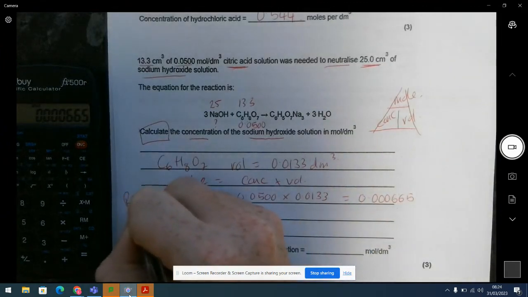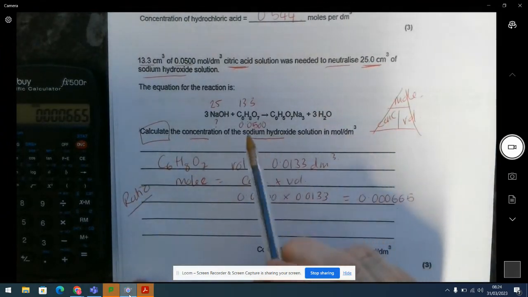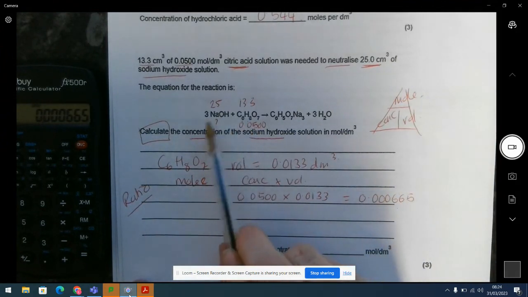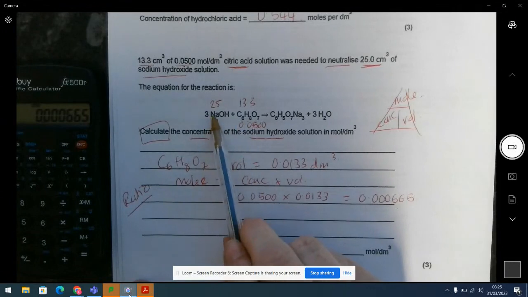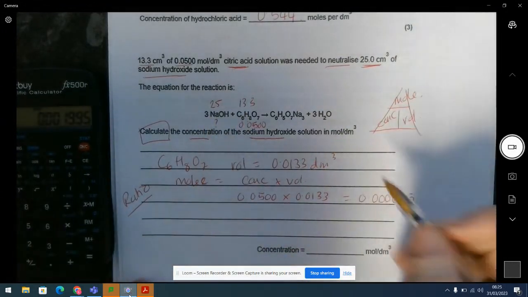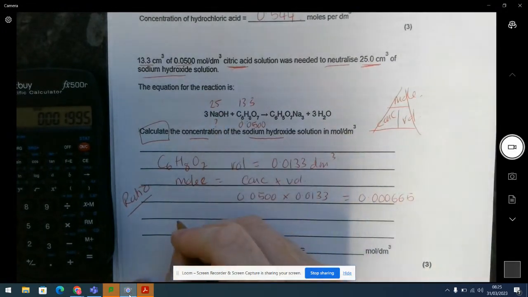Then the key is ratio. I want to look at the original ratio to see how the mole value would transfer over. So that is the value for this one. I can see that sodium hydroxide is in fact a 3:1 ratio. So I have to times this by 3 in order to get the mole value for sodium hydroxide.